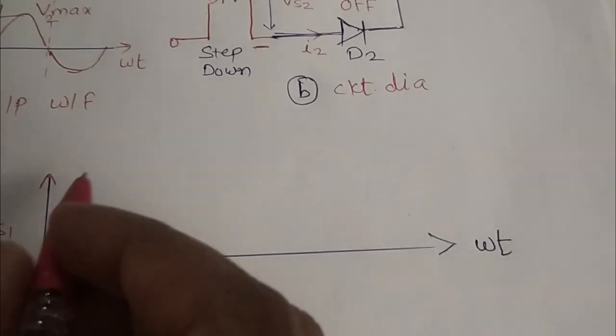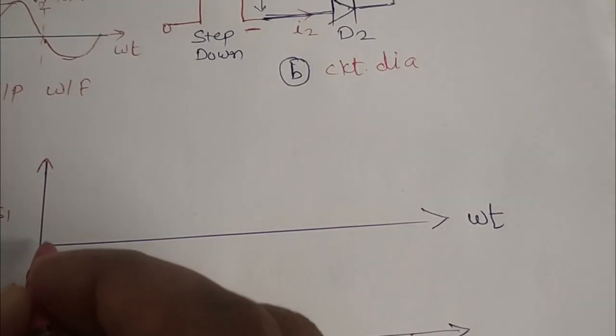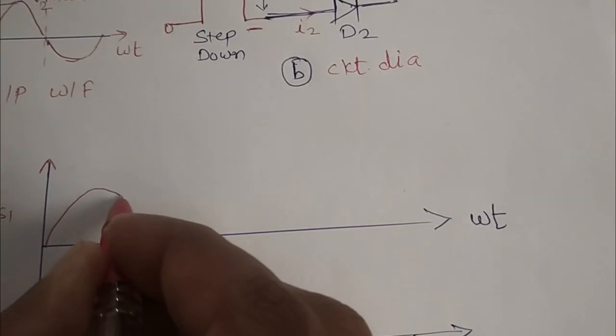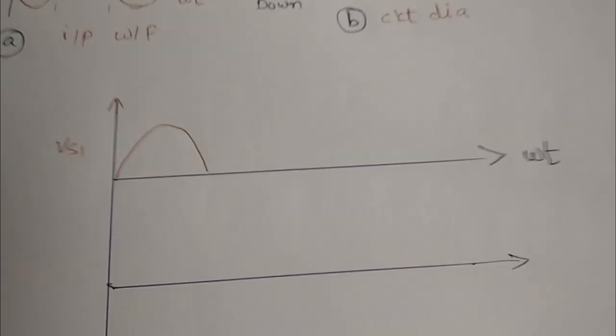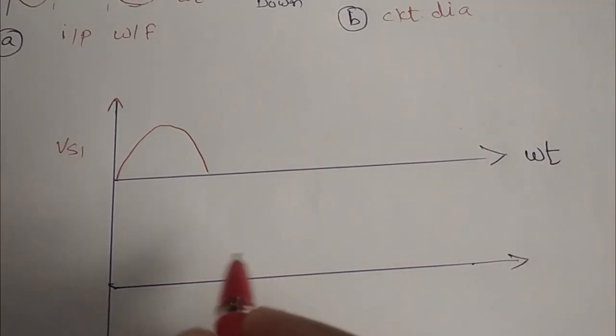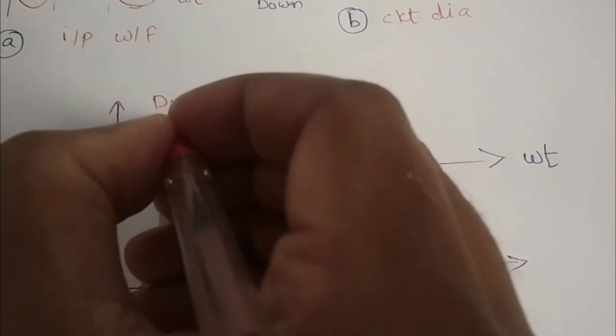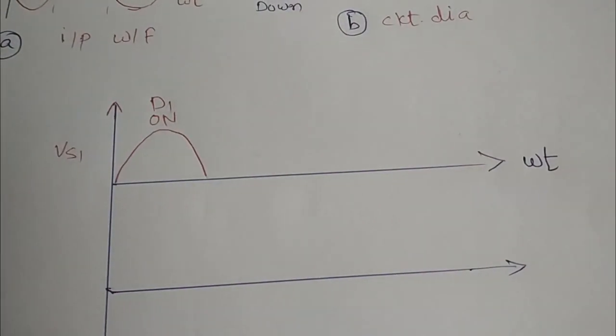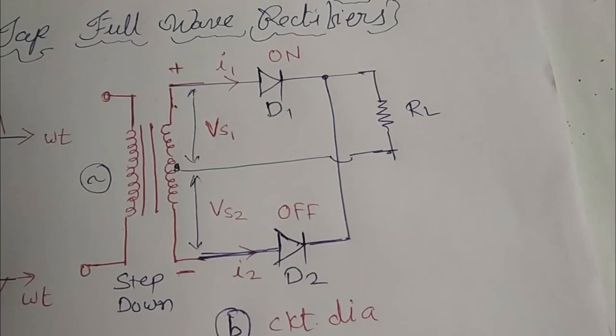If we want to calculate the output current here, in the first cycle we will get the signal like this. So this will be D1 on. Okay, now it is clear. Then what will happen?